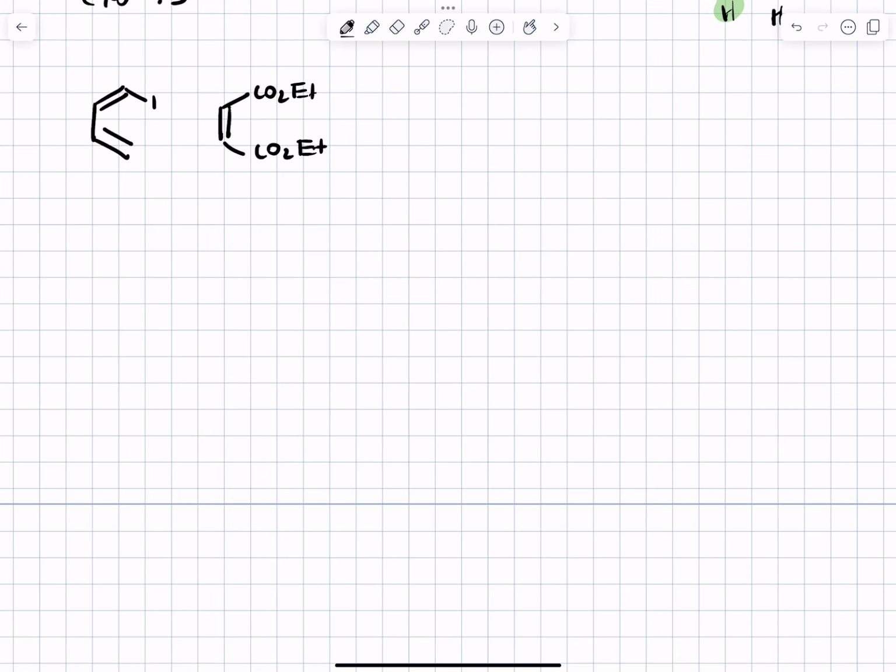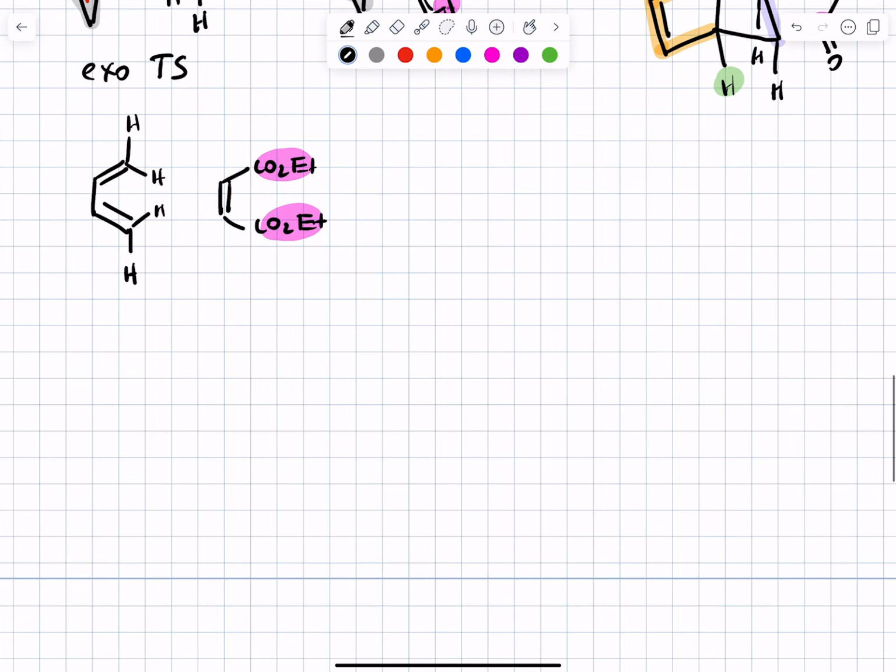Notice that I can't distinguish between the blue groups and the green groups on the diene because they're all hydrogens. That automatically tells me that endo versus exo is not going to be an issue for this reaction. But I still have to take care of the fact that the olefin has stereochemistry. Those two groups on the olefin are cis to each other. They must be cis to each other in the product.